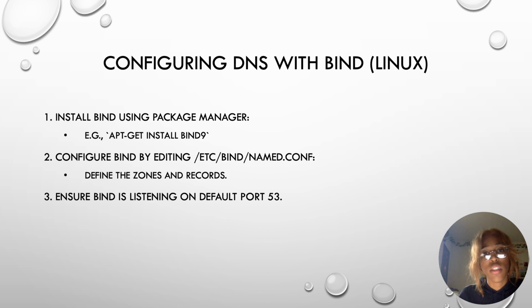Now on Linux, configuring DNS with BIND, you would install BIND using the package manager, so apt-get install bind9, and then you would configure BIND by editing the file and defining your zones and records, and then you would ensure that BIND is listening on the default port 53.